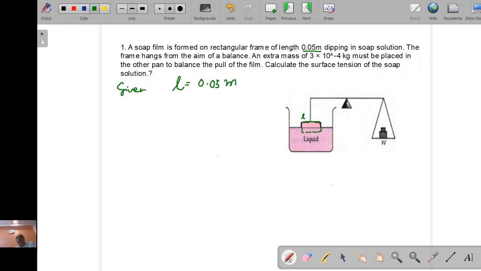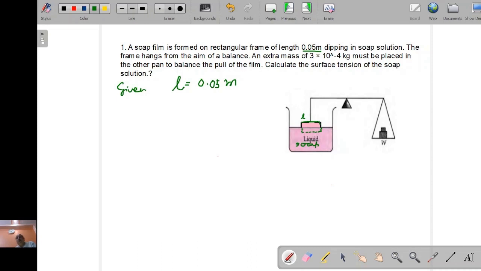This is dipped inside a soap solution. The frame hangs from the arm of a balance.